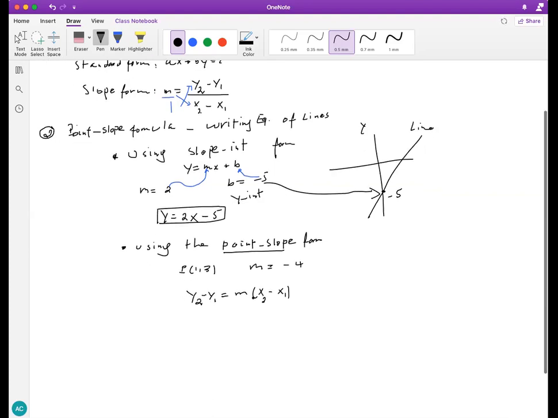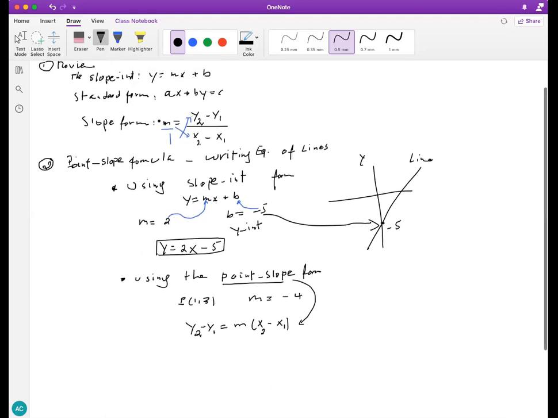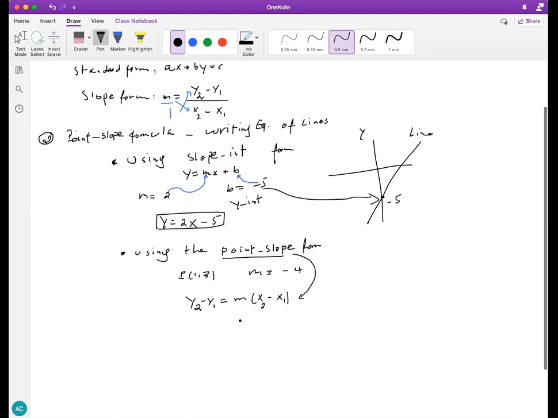Okay, so that's what we call the point-slope formula. It's just a derivative of this slope m formula. Just cross multiply them and you get the point-slope formula.